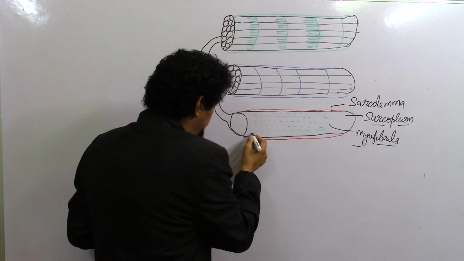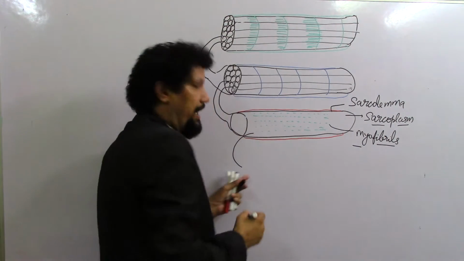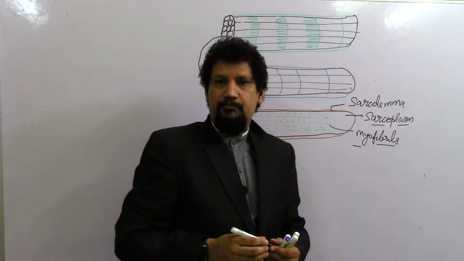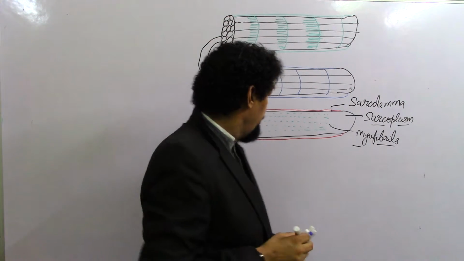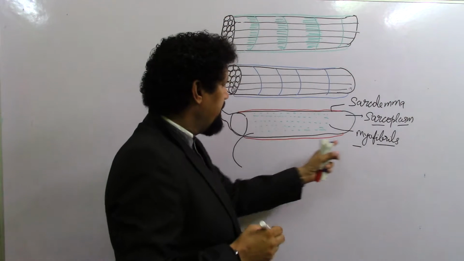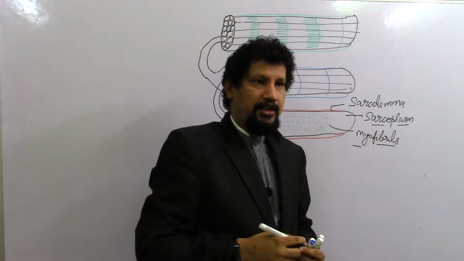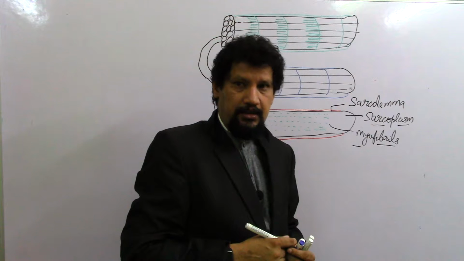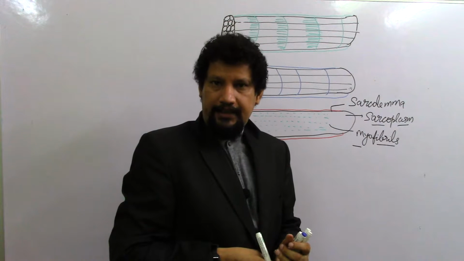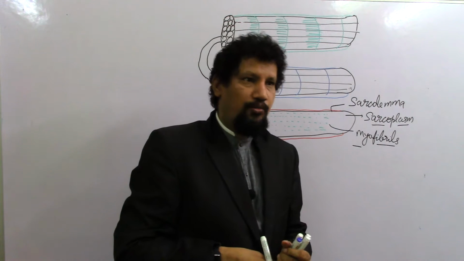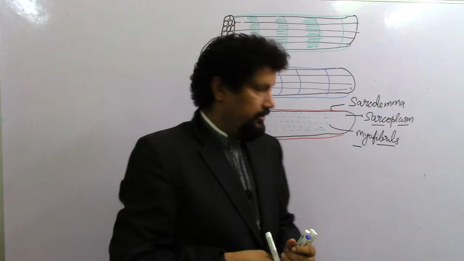Here I will draw the diagram of a myofibril. This myofibril is formed by the contractile proteins known as actin, myosin, tropomyosin and troponin.